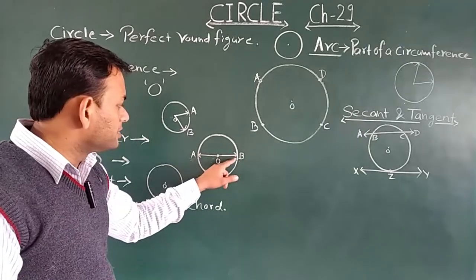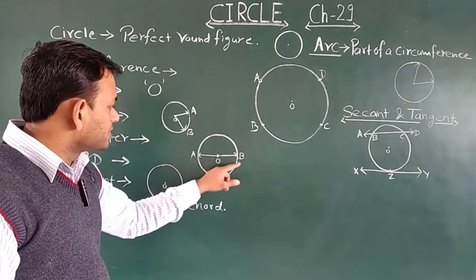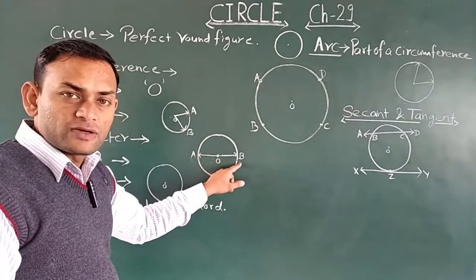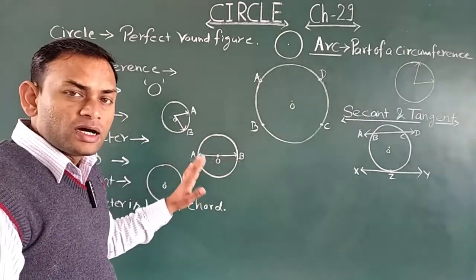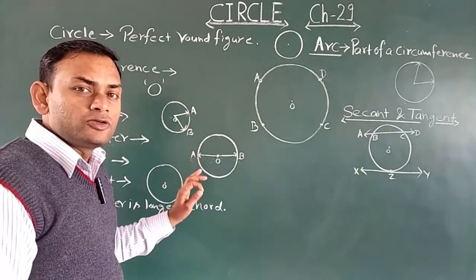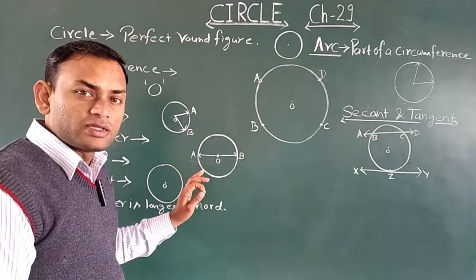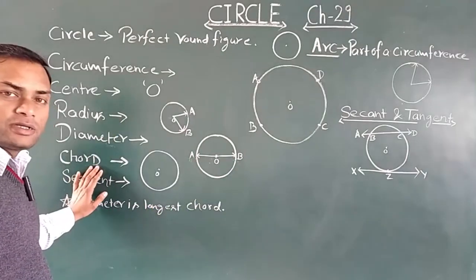Line AB will be the diameter because this line is just connecting or joining 2 points of the circumference and passing through the center. Got it? A line passing through the center and joining any 2 points of the circumference together is called a diameter. After diameter, chord.